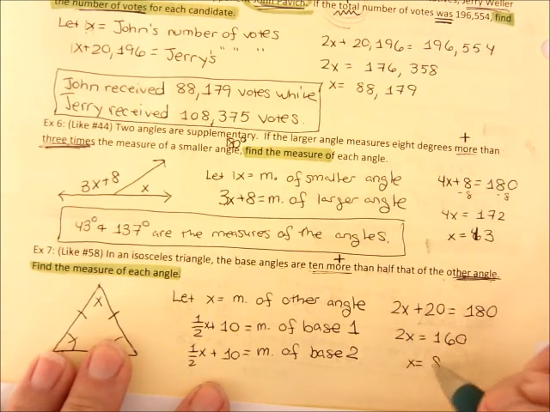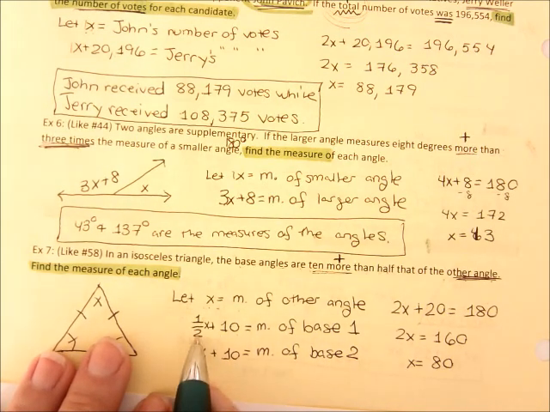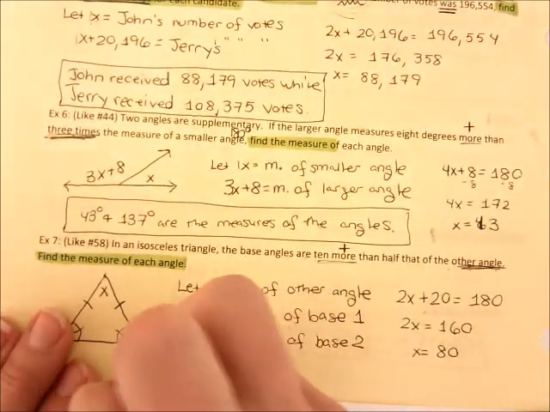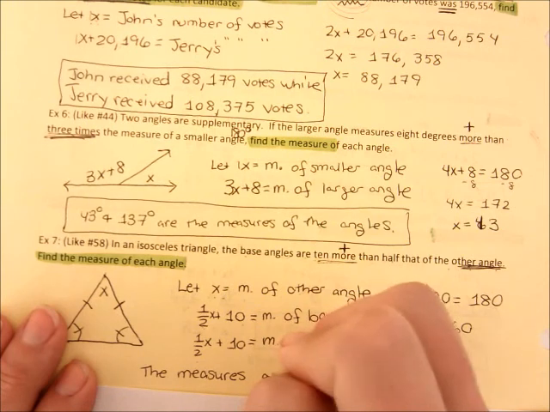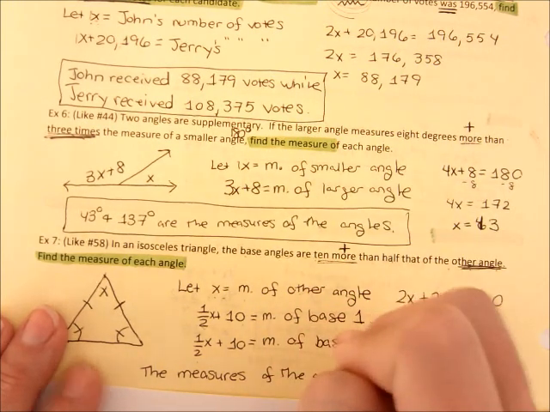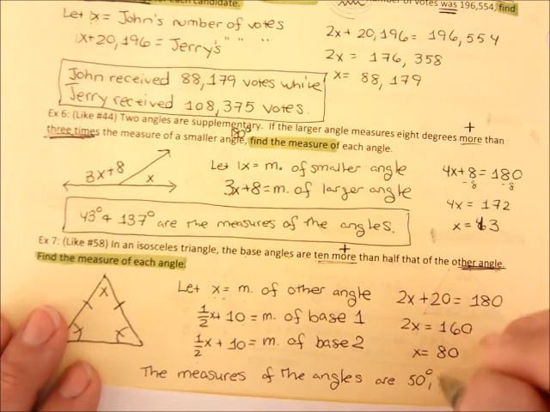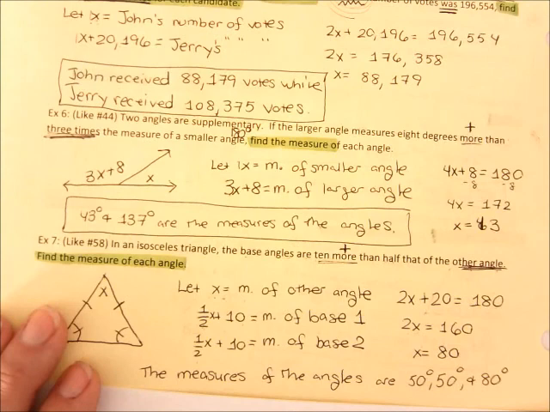Now that does happen to be the measure of this guy. What's half of 80? 40. Plus 10. Okay, so the measures of the angles are 50 degrees, 50 degrees, and 80 degrees. Now, does that add to 180? Yes. Perfect.